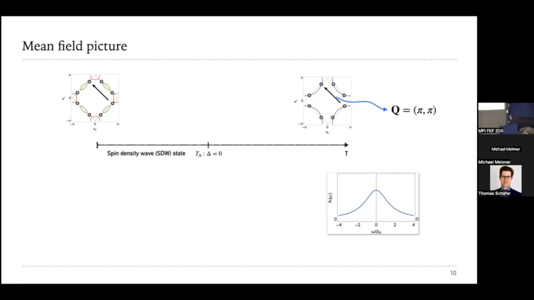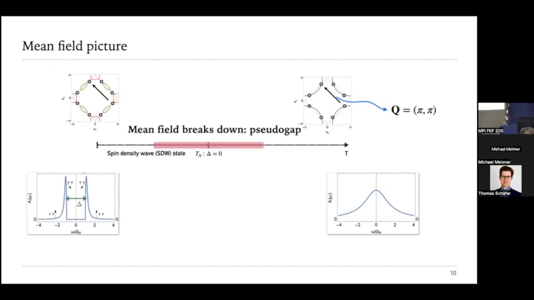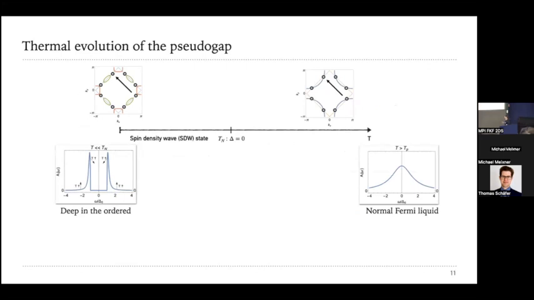So at high temperature, we would expect the spectral function to be peaked at zero frequency, and at low temperature, it is gapped with a gap set by the SDW order. However, this mean field picture breaks down near the Néel temperature. And now let's see what we should expect.